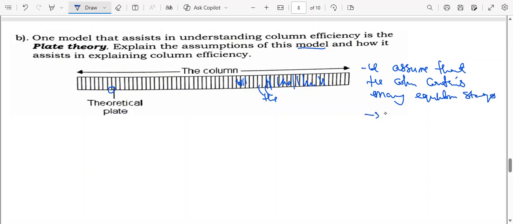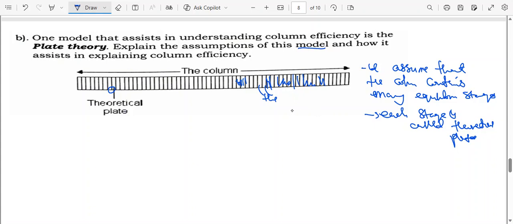Each stage is called a theoretical plate. So we said the assumptions were that the column consists of many plates, equilibrium occurs in each plate, and the solute partitions between the phases, which is about the distribution.